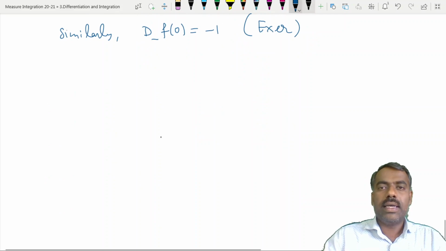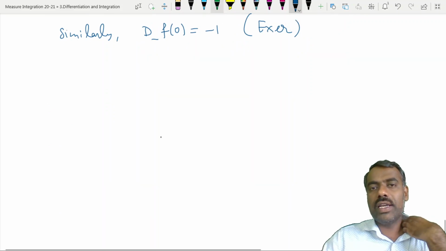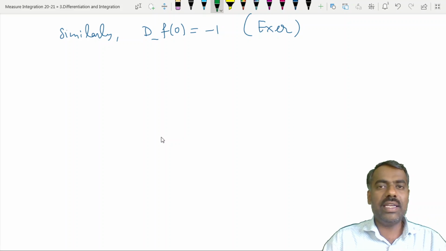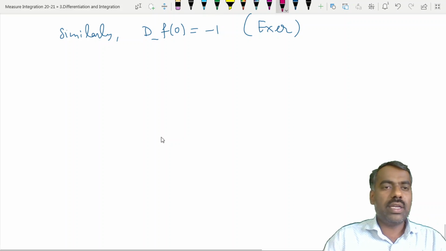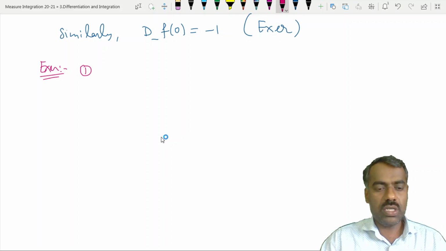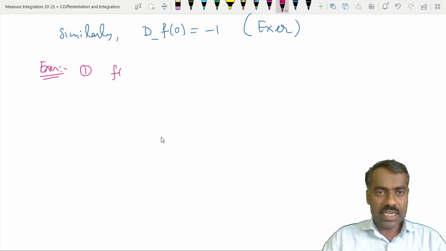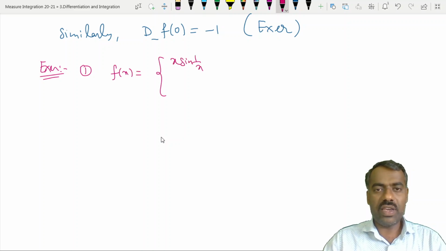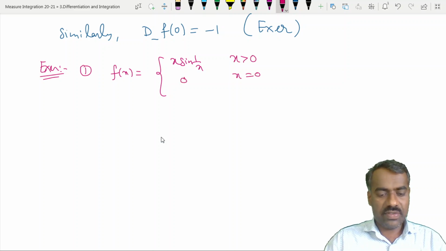Now let's write some more exercises. You can try these, because these problems are asked many times in exams also, and if you are not able to find them, you can ask me and I'll explain in the next class. Take f of x equal to x sine 1 by x if x is greater than 0, and 0 if x is equal to 0, and x sine 1 by x plus 3x if x is less than 0.